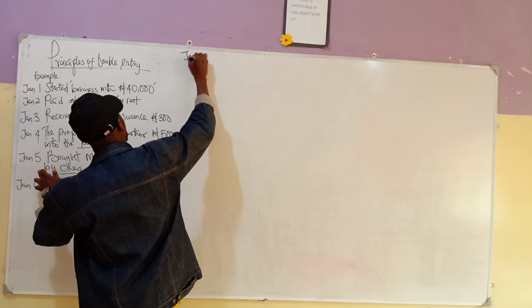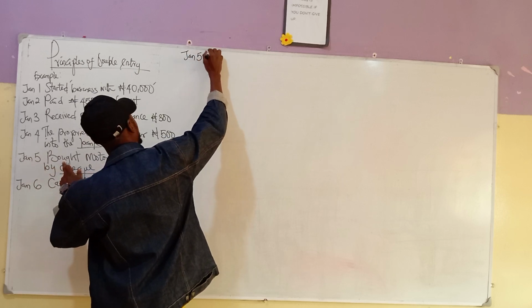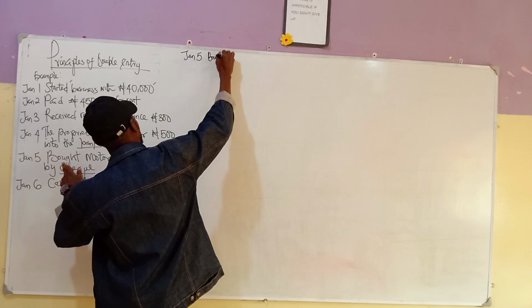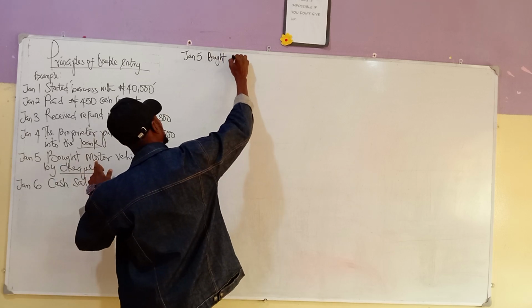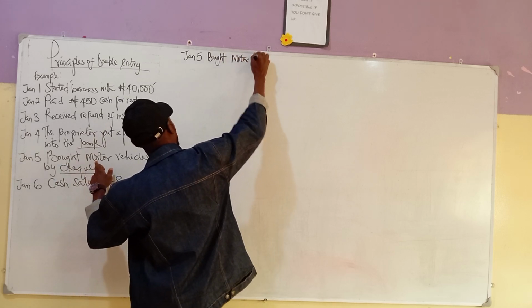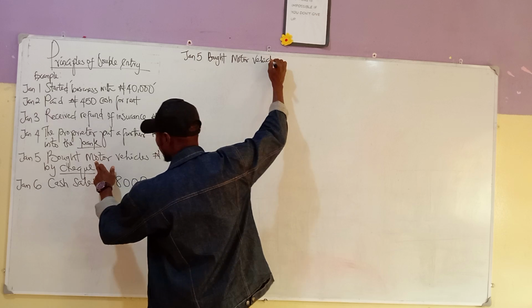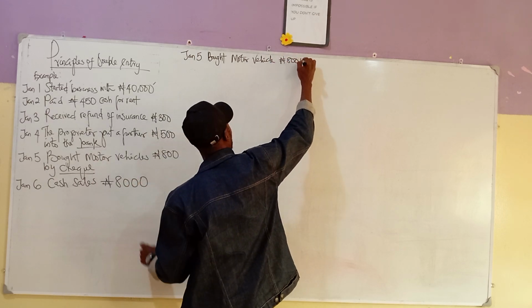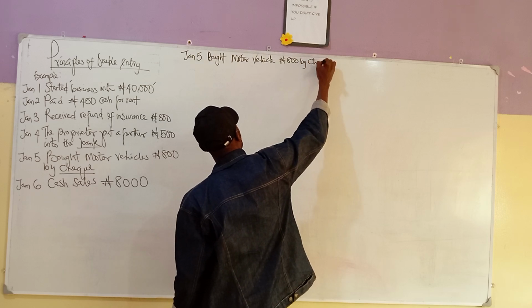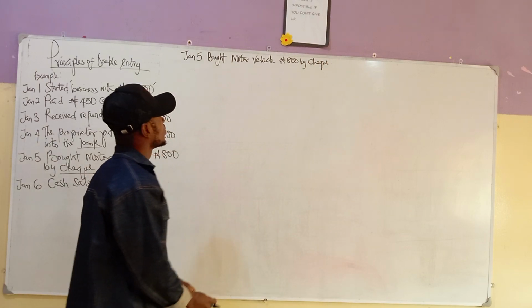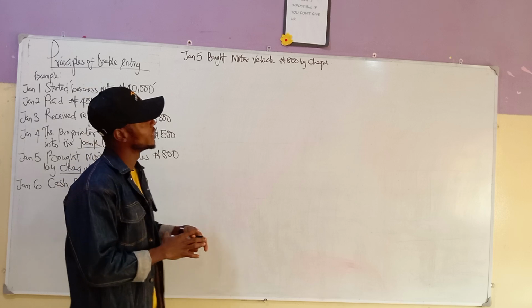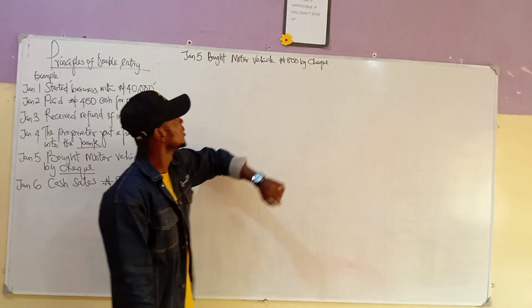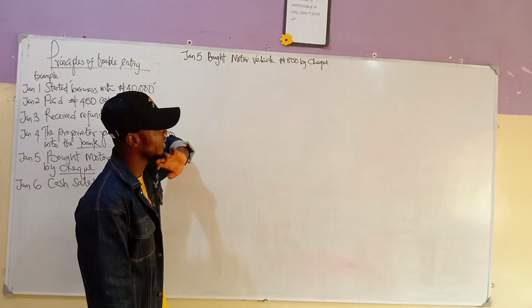January 5th, but remember I said but is an expense, right? Motor vehicle, 800 by check. Now, two things. The giver is a bank and the receiver is a motor vehicle.